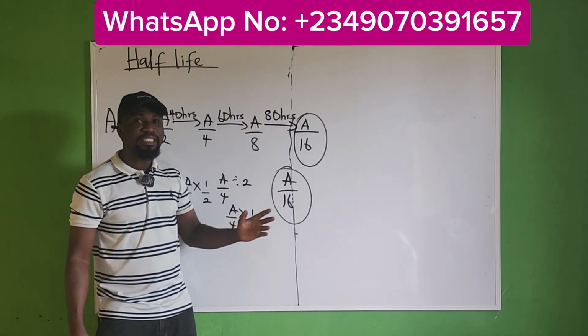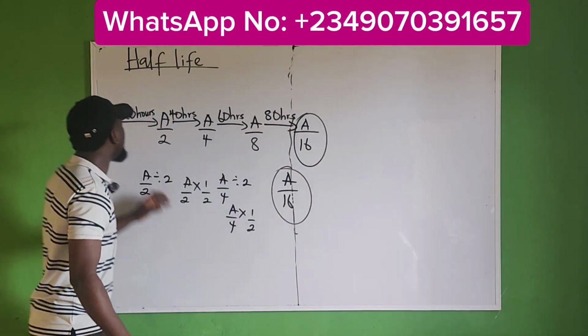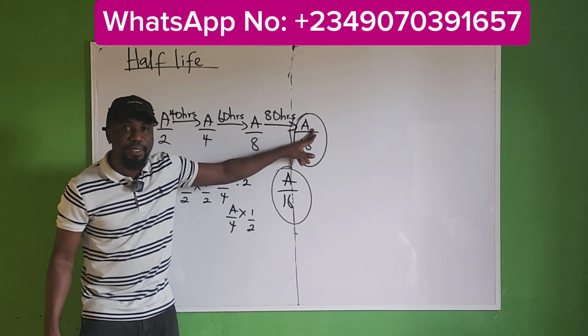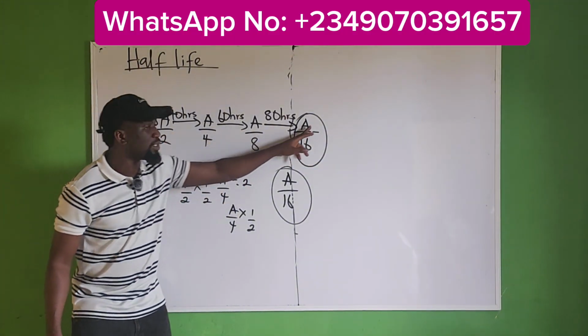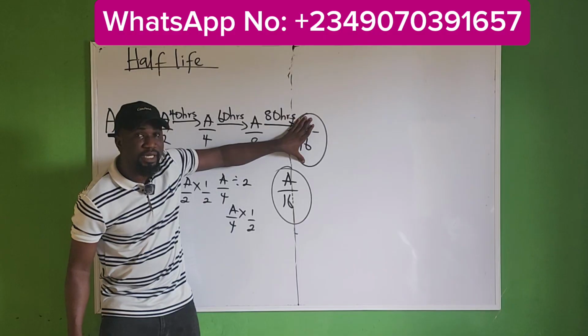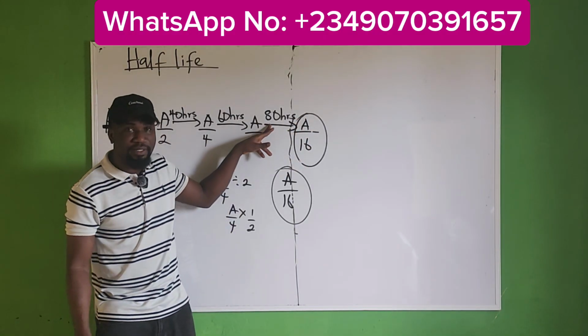So if I now want to get the fraction that has been decayed, that will be the original, which is A, minus what we have left. A minus A over 16. What we have here is the fraction that we have left after 80 hours.